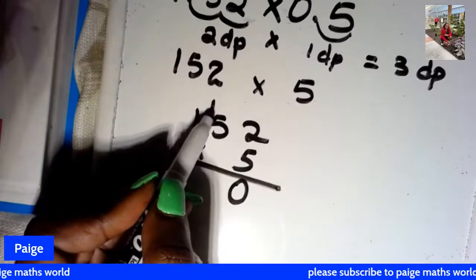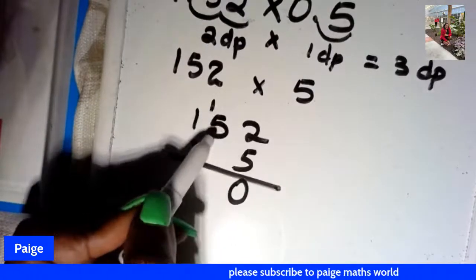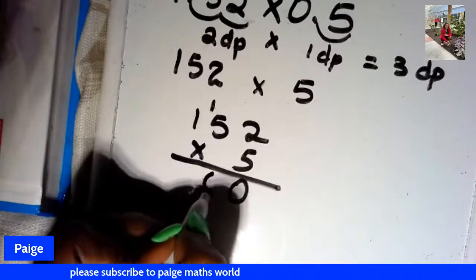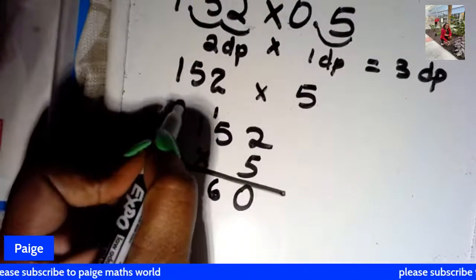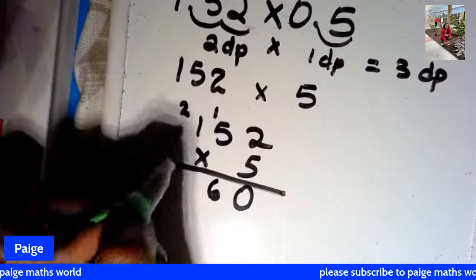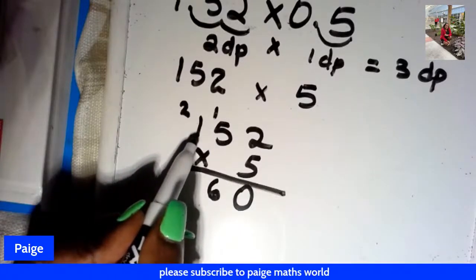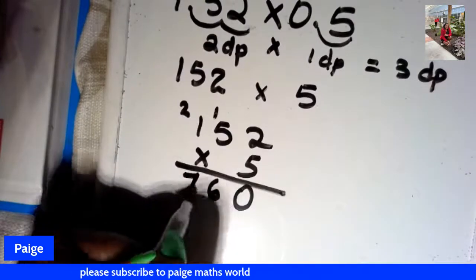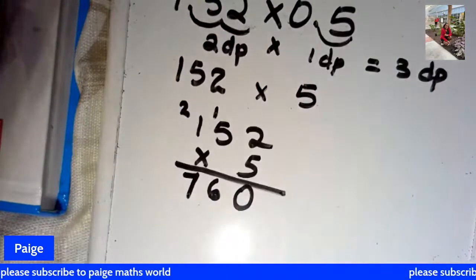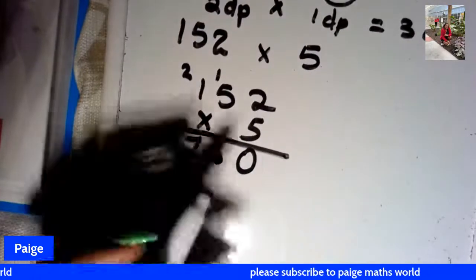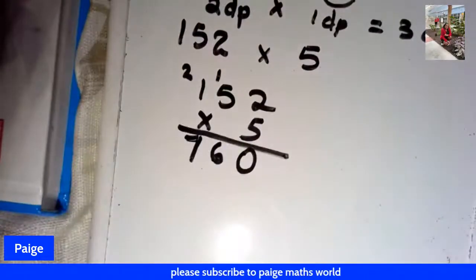So we're going to add this 1 to the 25. So 5 5s, 25 plus 1 makes this 26. So we're going to put our 6 and bring across our 2. Right? 5 1s, 5 plus 2 makes 7. So 760. Great job, Moffat. Moffat is the bright boy in my class, you know. But let us see what he's going to do with this.